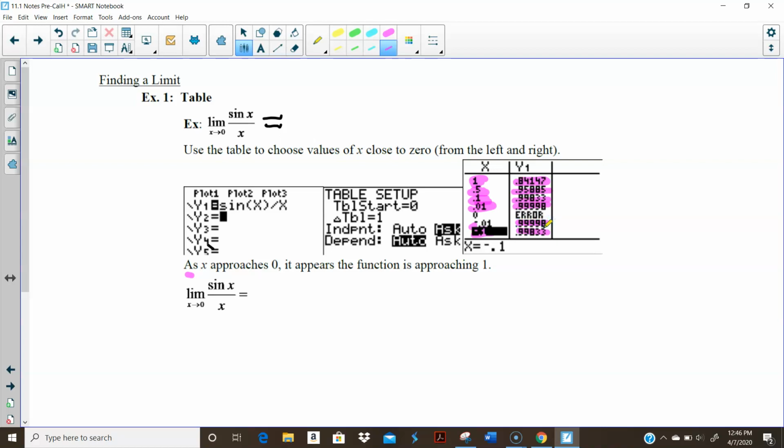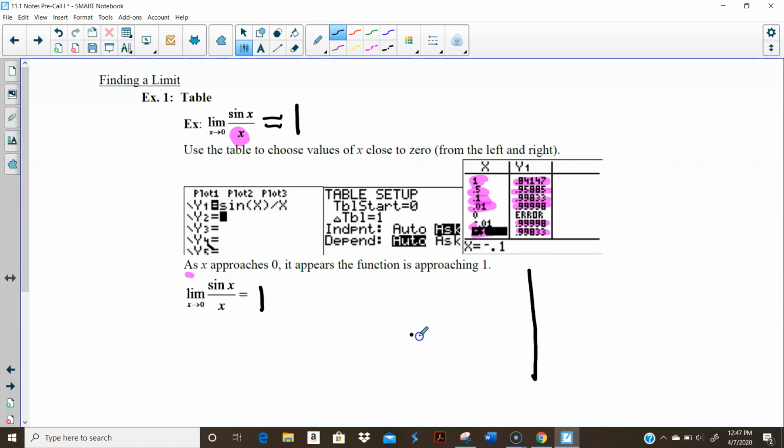And even though if I were to plug in 0, f of 0 is going to be undefined because you would have 0 at the bottom of that fraction, the limit does exist, and the limit is what the graph is approaching from the left side and the right side, which happens to be 1. So the limit as x approaches 0 of sine x over x is equal to 1.